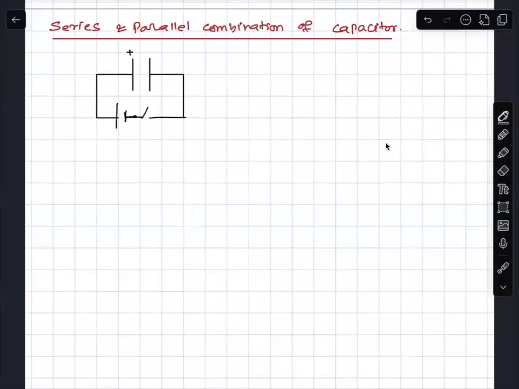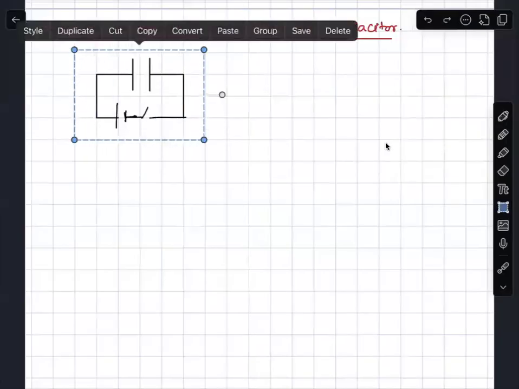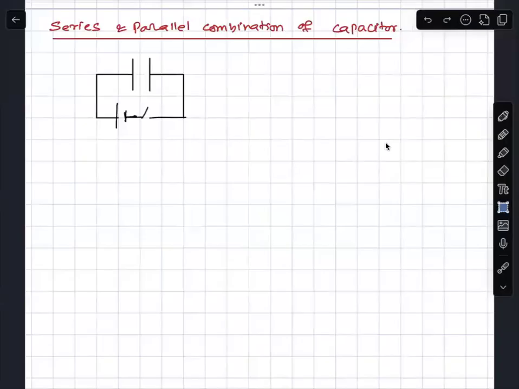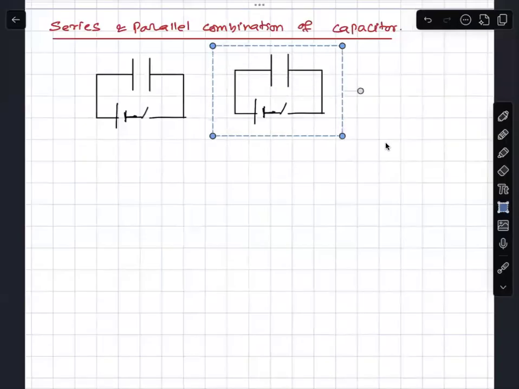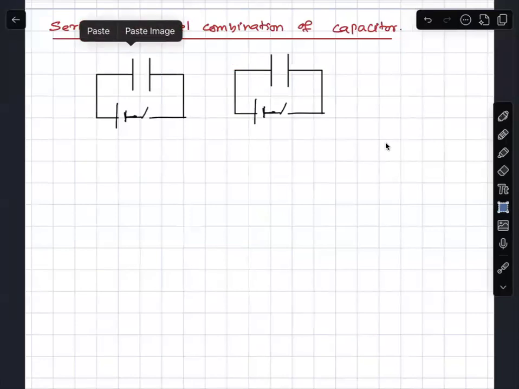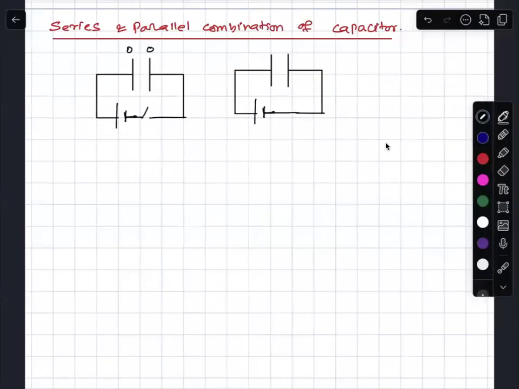Now you see, once you close the switch... this is open, no charge here. Notice there is no charge on these plates initially. Once I close the switch, it gets charged.